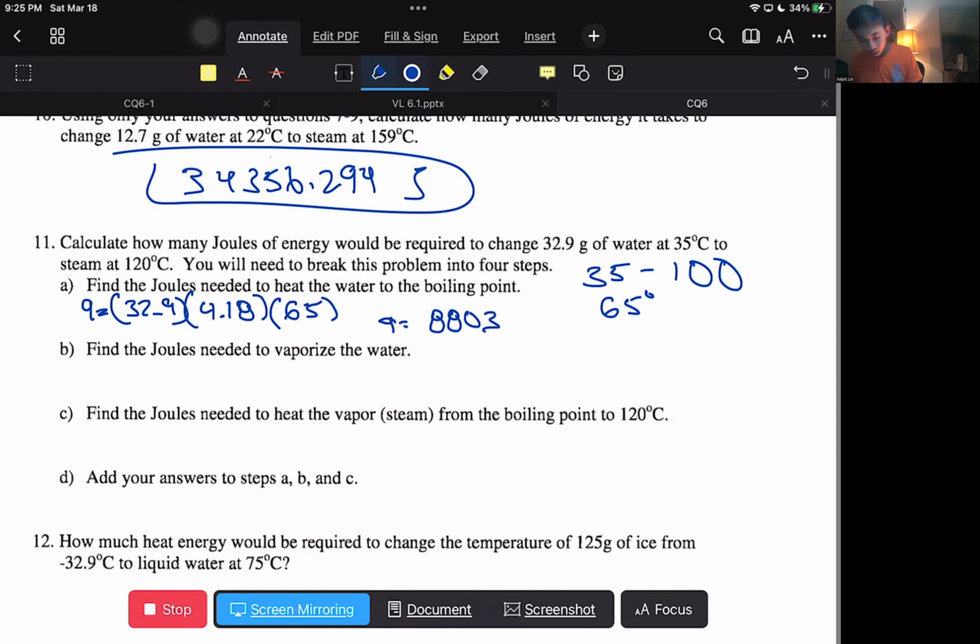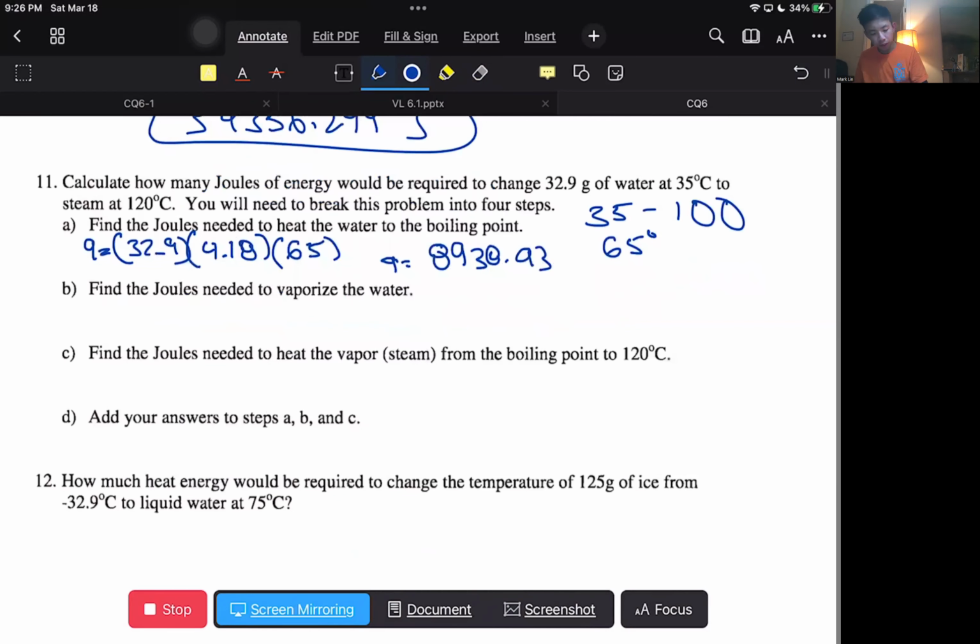Oh, wait, no. What did I do wrong? Oh, wait, 32.9. Yeah, 8938.93 joules to heat the water.